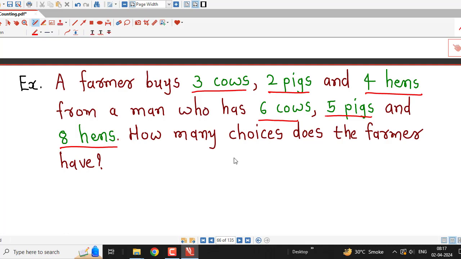So here you can see, total number of cows are 6, and out of those 6 cows we have to consider selection of 3 cows. Similarly, total 5 pigs, and the farmer buys 2 pigs out of 5 pigs. Similarly, there are 8 hens, and the farmer buys 4 hens. So 3, 2, 4, and 6, 5, 8. This is a simple problem.